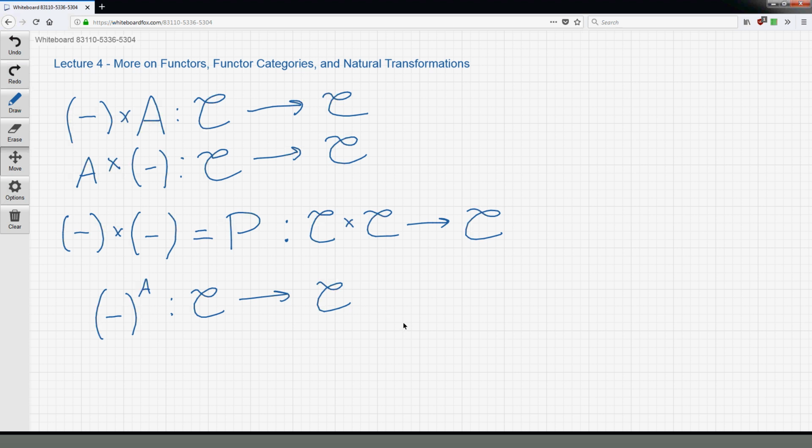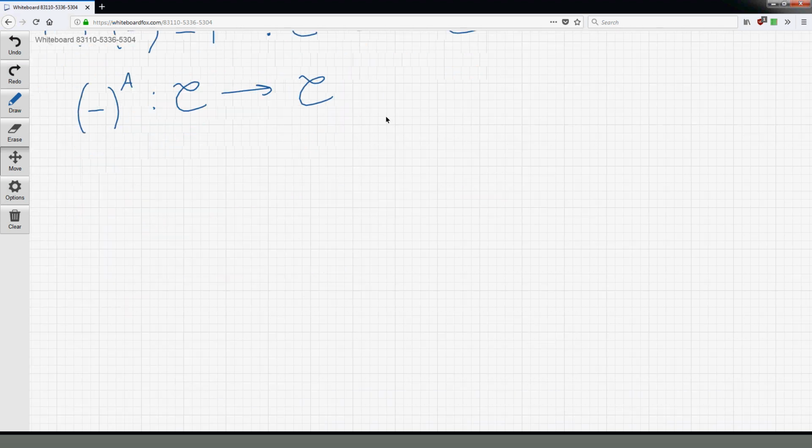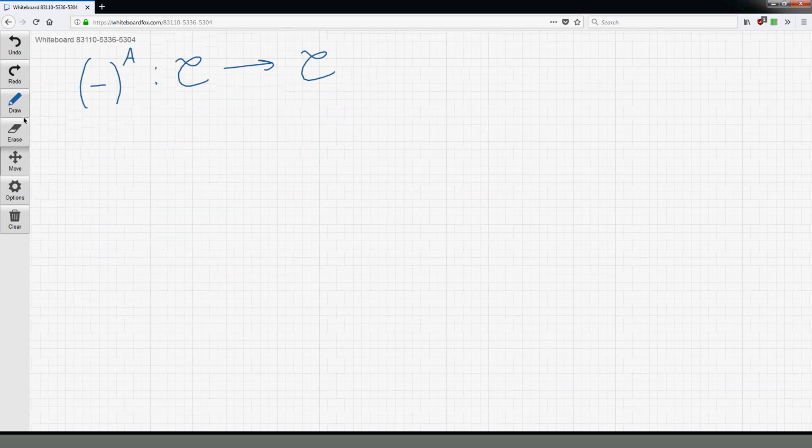Because let's take a look at what happens if we flip these. Suppose instead we fix the object A, and our functor maps the objects to the exponential a to the x. So it maps x to a to the x. This is again an endofunctor, but it has an interesting property.